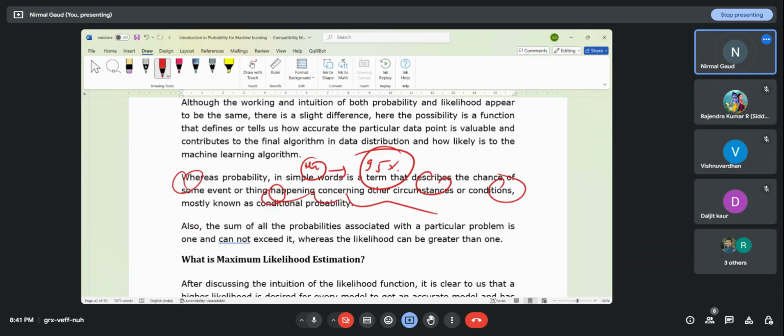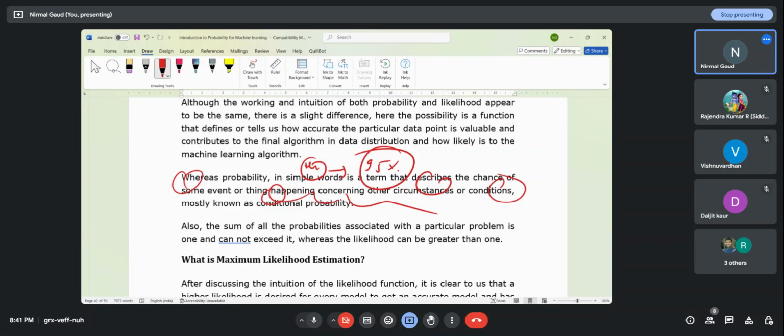So in probability, we are talking about chance. What is going to happen, what is not going to happen. In likelihood also, we are talking about what an outcome could be. We are also talking about the outcome in likelihood.